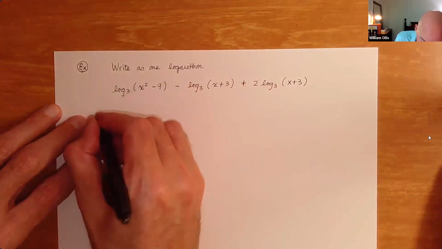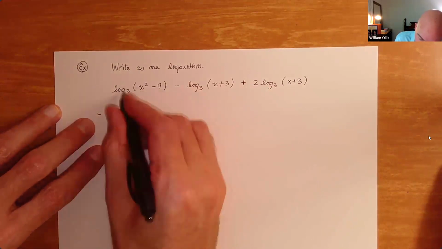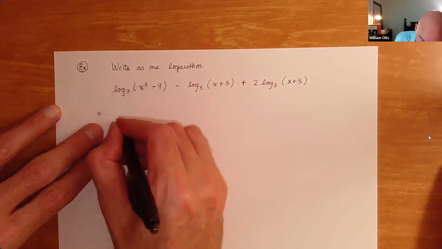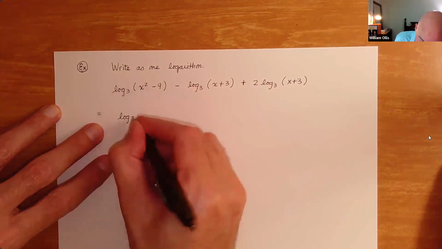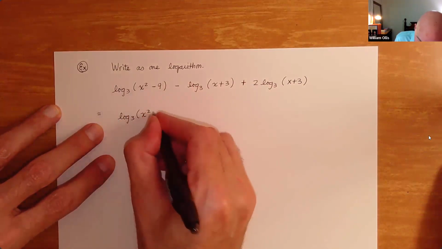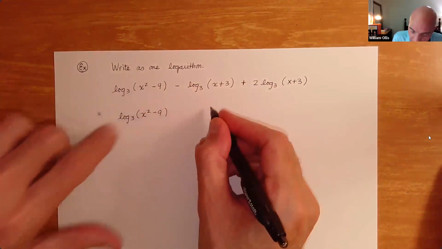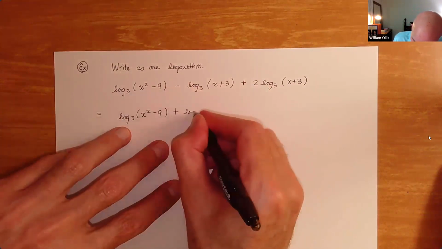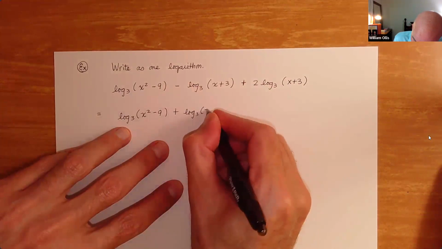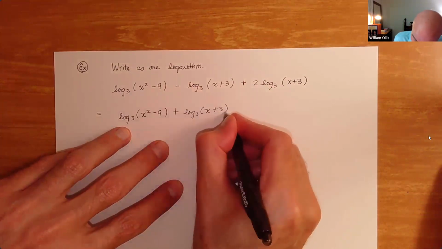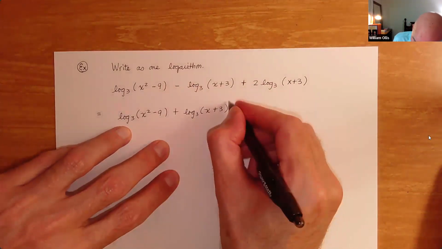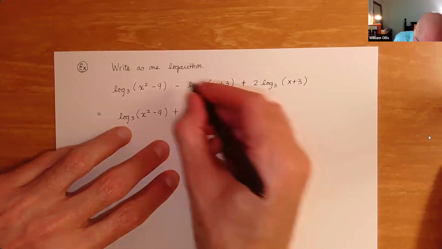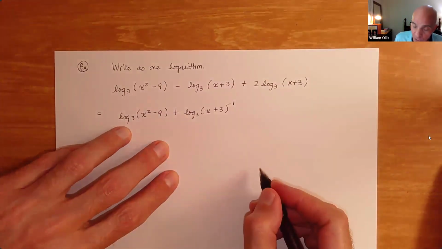Write as 1 logarithm. So first, we're done with this one. We may have to factor that, if that need arises, but this one's good to go. And now we need to move up the negative. So we have plus base 3 logarithm of x plus 3. And of course, now we have the minus 1 because we moved the minus upstairs.